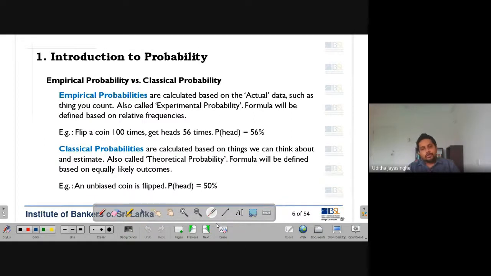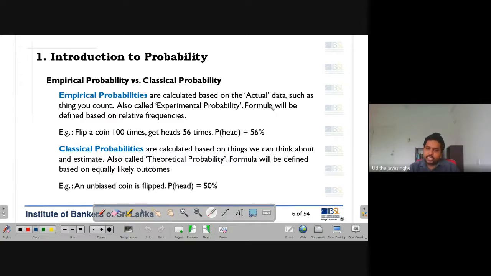Okay. A few theoretical areas: empirical probabilities and classical probabilities. The broad idea is that empirical probabilities are calculated based on actual data, while classical probabilities, also called theoretical probabilities, are calculated with assumptions, based on some formulae, principles, beliefs and theories.